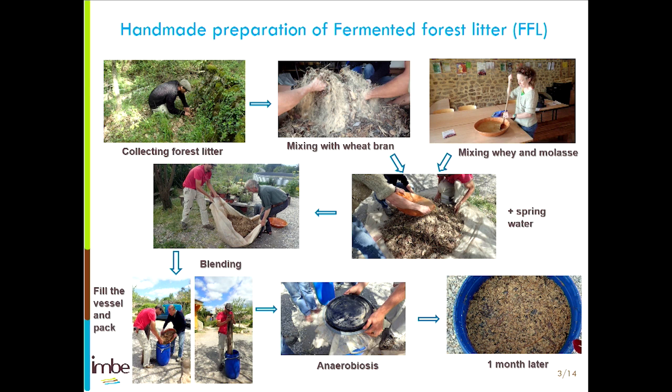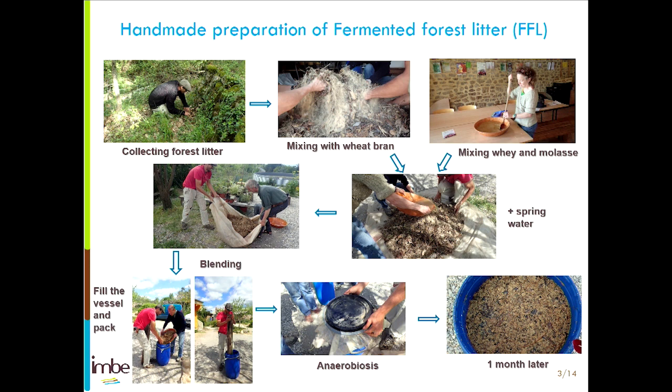To prepare the fermented forest litter, first we collect some forest litter and mix it with agro-industrial substrates, such as wheat bran, whey for lactic acid bacteria, and molasses. We add water to get a substrate sufficiently humidified to allow the growth of microorganisms.